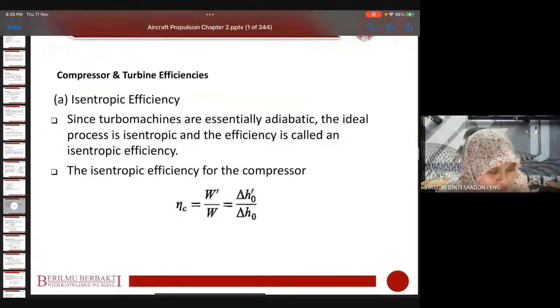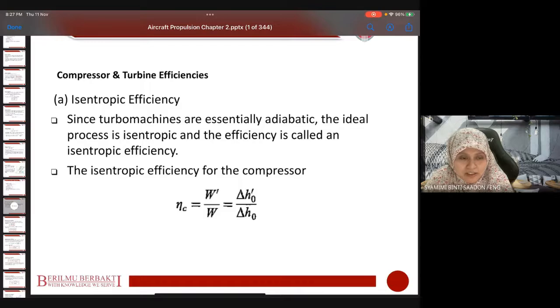Isentropic efficiency. So since turbo machines are essentially adiabatic, the ideal process is isentropic and the efficiency is called an isentropic efficiency. Okay, turbo machines, those are compressor and turbine. So in ideal process just now, we assume that those components, those turbo machines, are isentropic, adiabatic and reversible.